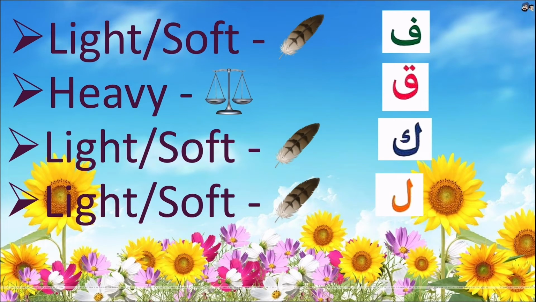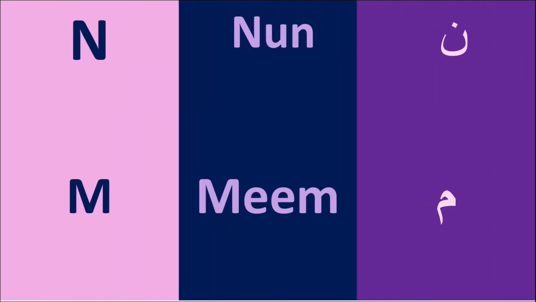But qaf is a heavy letter, so we pronounce it the way we pronounce orange. Then comes kaf and lam. They are soft, light letters, so we pronounce them the same way we pronounce apple. Kaf and lam.